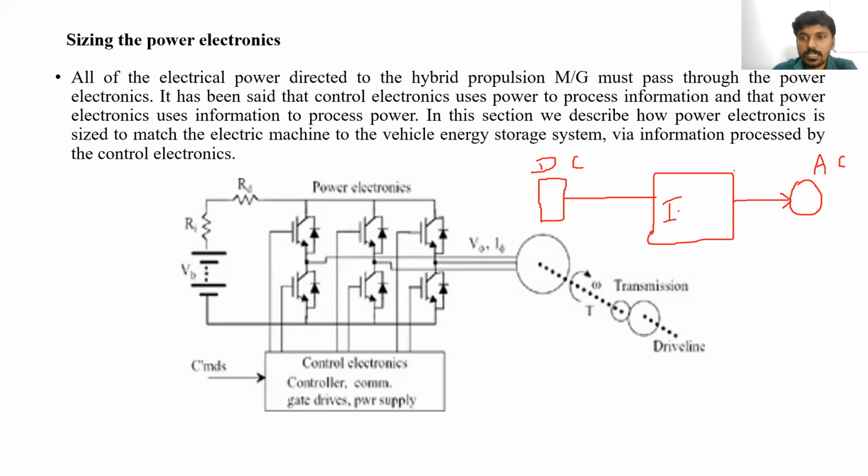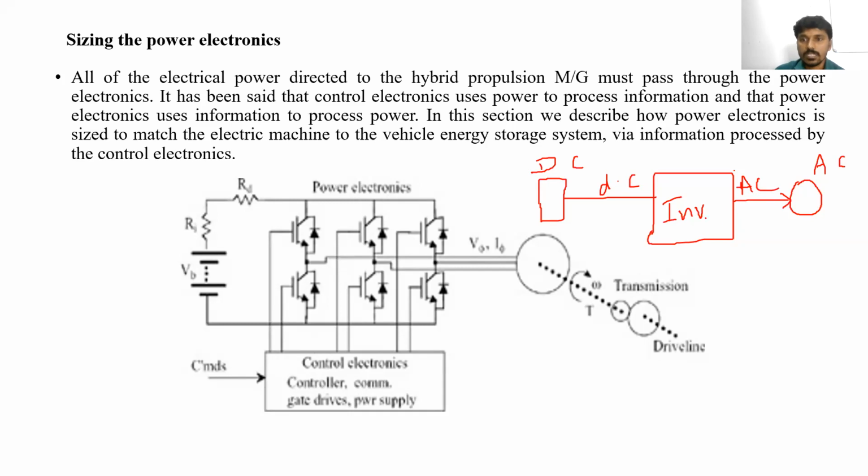This inverter will convert fixed DC into variable AC, with variable voltage and variable frequency. This variable voltage and variable frequency is given to the AC motor. Here the output is variable AC and the input is DC.